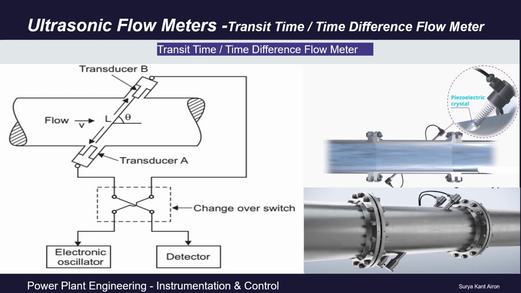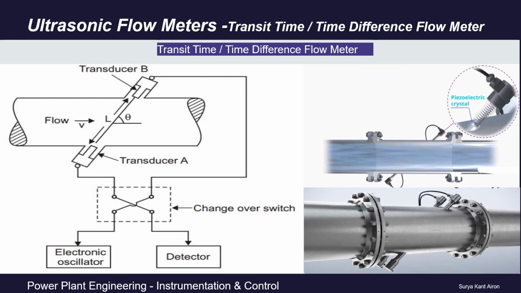First, we will discuss the transit time or time difference type ultrasonic flow meter. To understand the concept of ultrasonic flow meter, let us look at the following diagram. Basically we have one bigger diameter pipeline, and on the top side and bottom side of this pipeline, two transducers are mounted at about 45 degrees inclined to the pipeline.